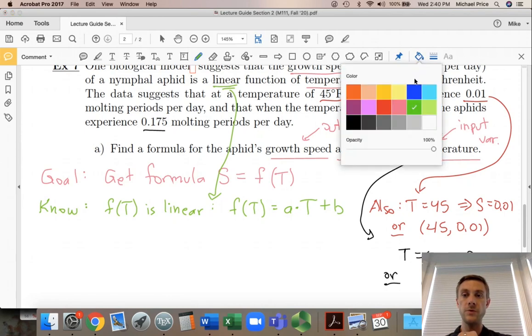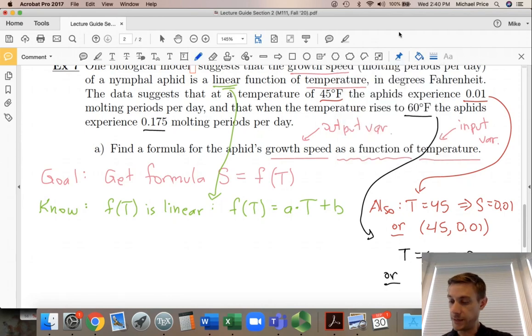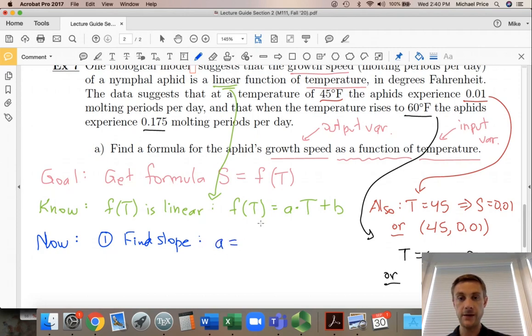So our typical approach to finding the formula for a linear function is to first get the slope. If it wasn't given to us, let's figure it out. So in this case, the slope, that's our constant a here, looks like the difference in the outputs over the difference in the inputs. It doesn't really matter what order we go with.